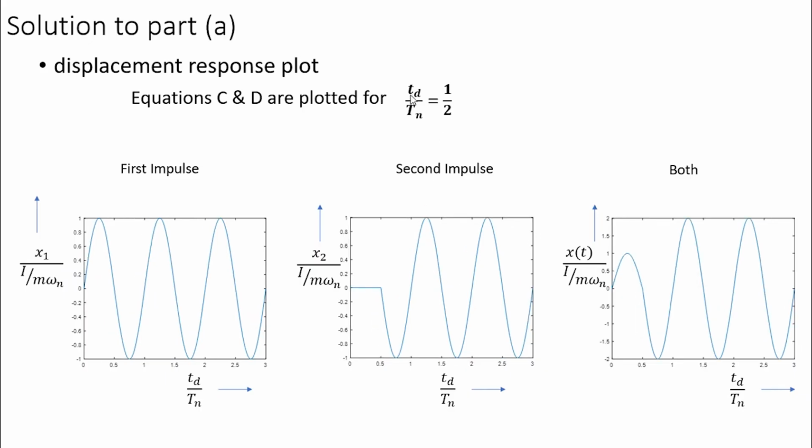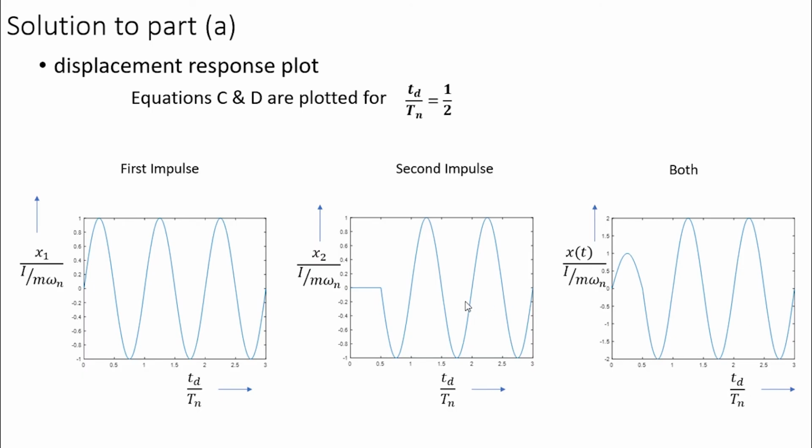So when Td by Tn is equal to half, the phase difference between these two responses is still more. This response is the same as the previous one, and this one is a little bit more delayed. If we add these together, we will get this.